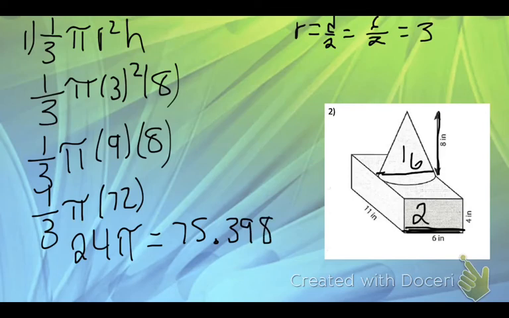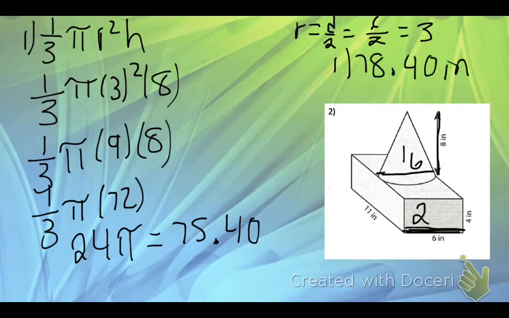All right, the 8 means I round the 9 up to a 10, which means a 3 really becomes a 4. So 78.40. So our first shape is 78.40 inches cubed. Always label.